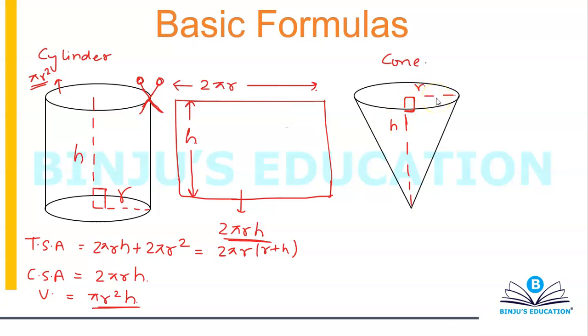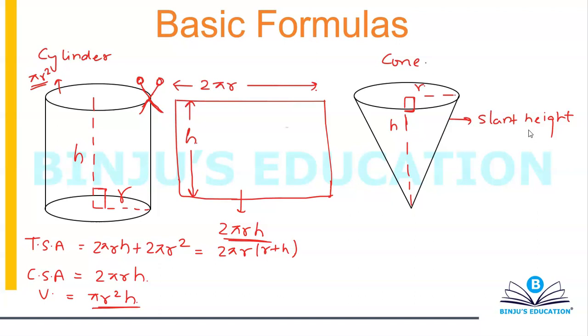Using the vertical height and the radius, we can also calculate the slant height, which is this one.